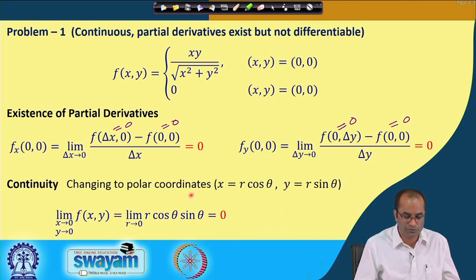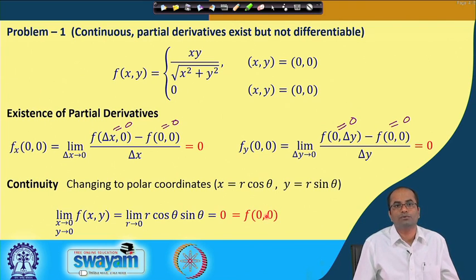As r goes to 0, this cos theta sin theta, they are bounded. So, here this limit will go to 0. And the function is also 0 at (0,0). So, the function is continuous at the point (0,0).